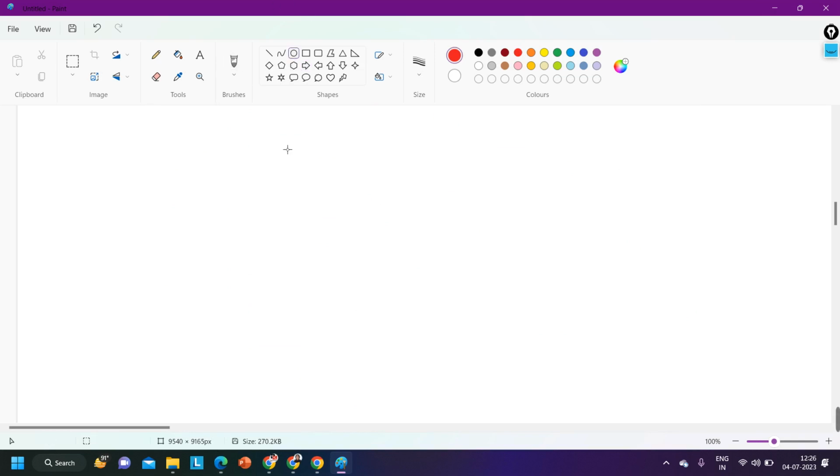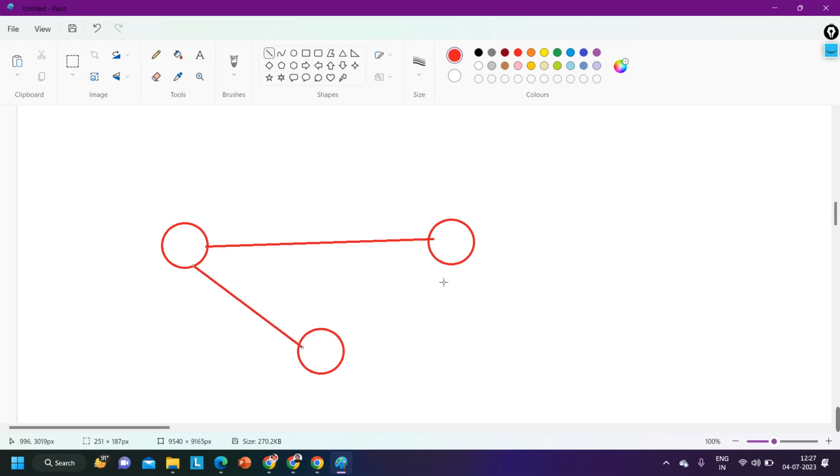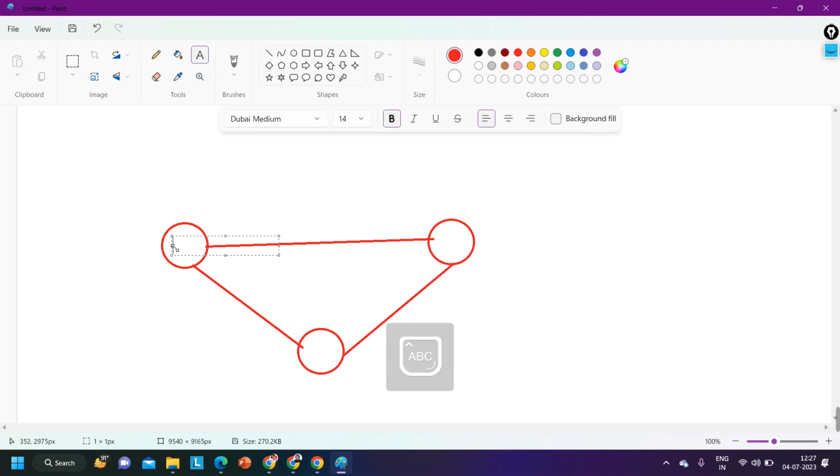Let's say I have a topology like this. Here I have router 1, router 2 and router number 3: R1, R2 and R3.